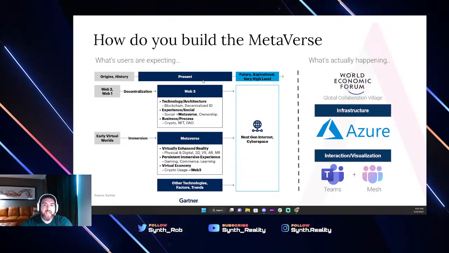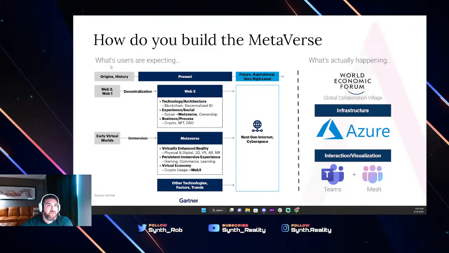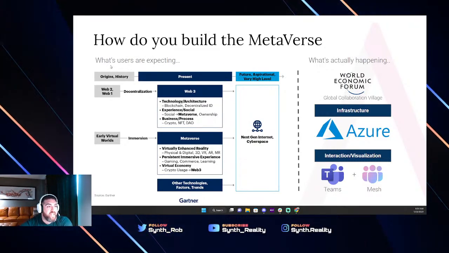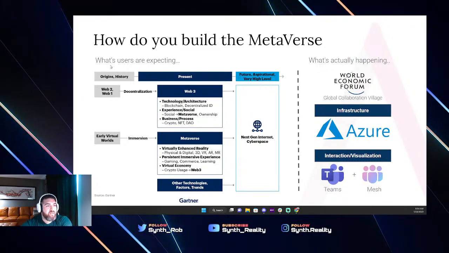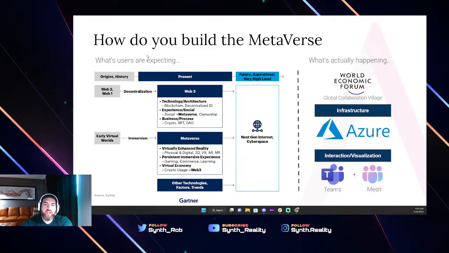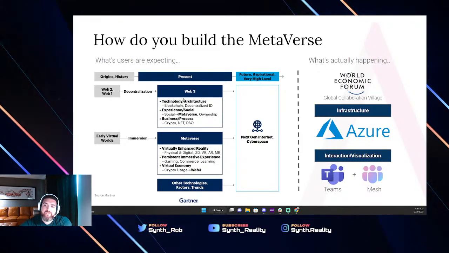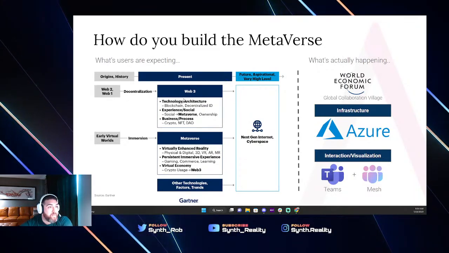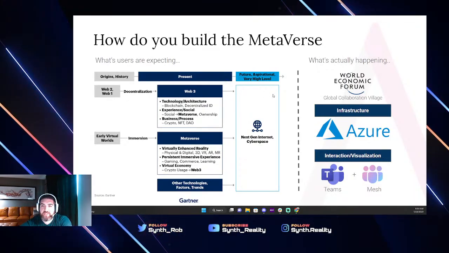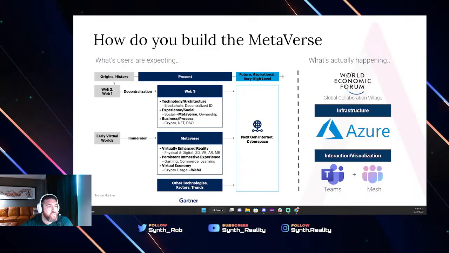On the left hand side, you see a Gartner presentation. For those of you who know who Gartner is, a fantastic resource, a massive research organization. What they're detailing out here is the future aspirations of next generation web and cyberspace overall. So originally Web 1 and Web 2, right?